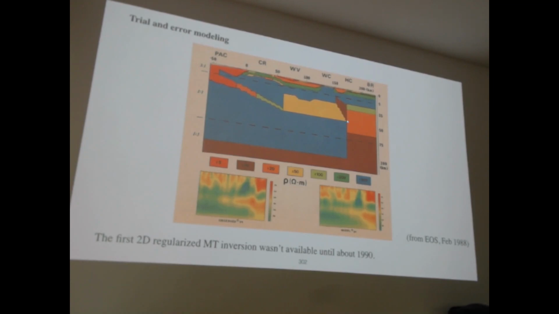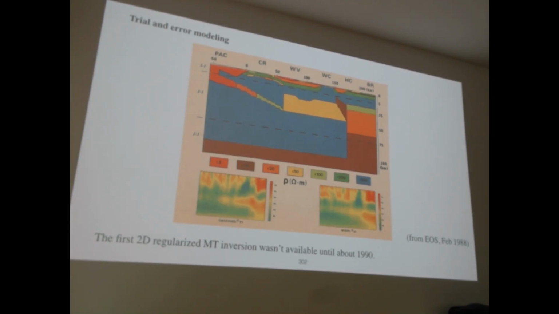He basically built this model by looking at the data, building the model, running it, looking at it. And here's a picture of the data, and here's a picture of his model response. Not too bad. Why did he have to do this? Well, there were no 2D inversion algorithms available prior to 1990 when I was young. And this is 1988. There were no inversion algorithms.